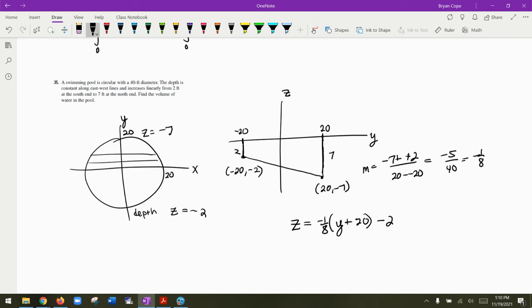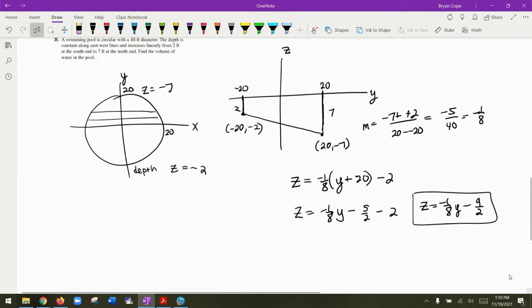So z equals negative 1/8 y minus 5/2 minus 2. So z equals negative 1/8 y minus 9/2. Yes, okay, that's the equation of the bottom of the pool.